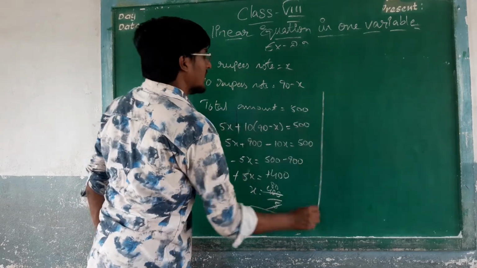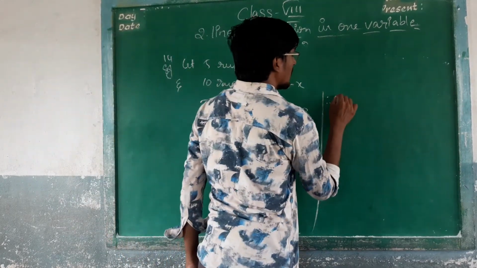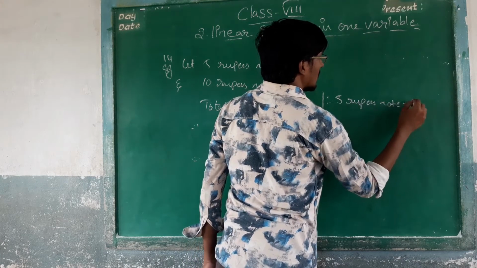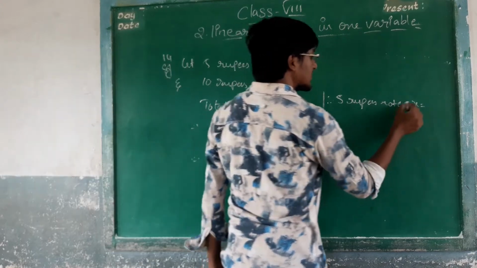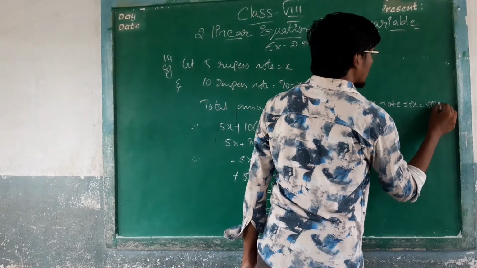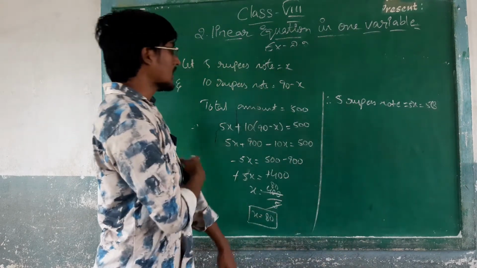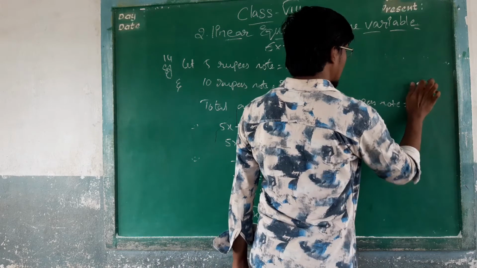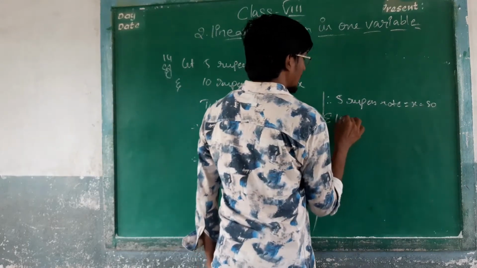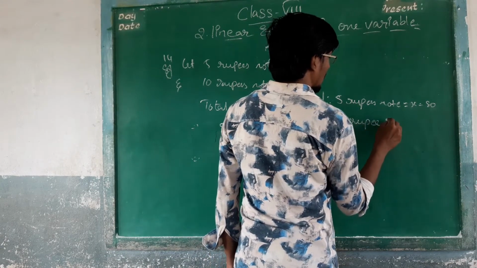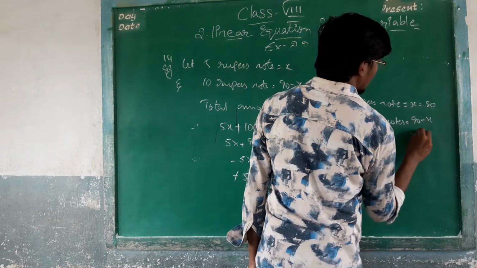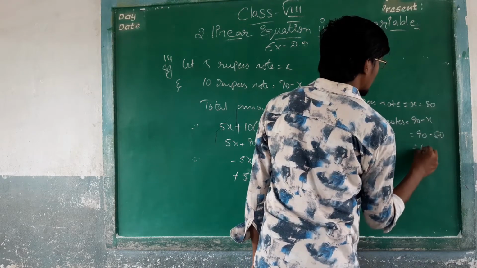Therefore, 5 rupees notes equal x, that equals 80 notes, and 10 rupees notes equal 90 minus x, that equals 90 minus 80, that equals 10 notes.